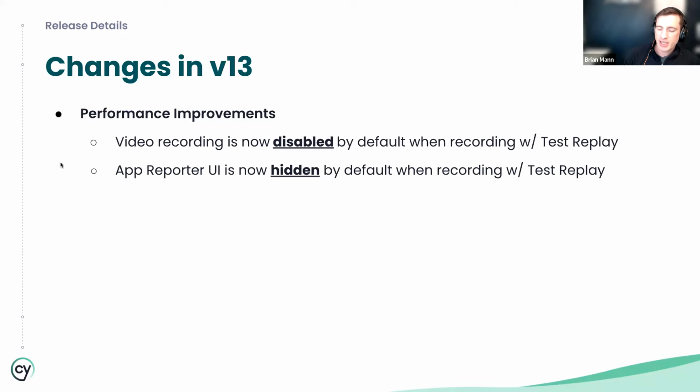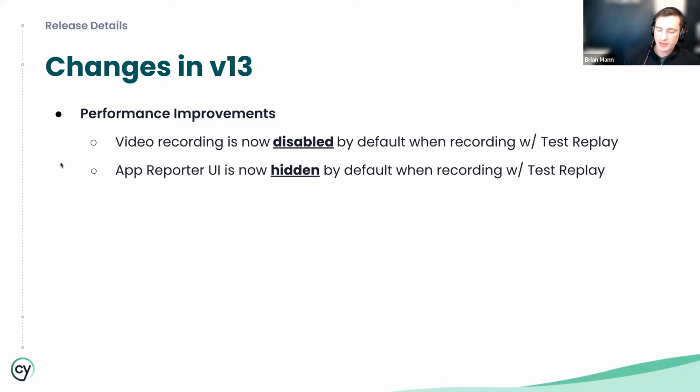Certainly there is a performance cost of listening for and attaching all of this information. But in our internal tests, we actually found that it's either the equivalent of video recording or it's actually less. And you can probably imagine why we're turning both of these off.